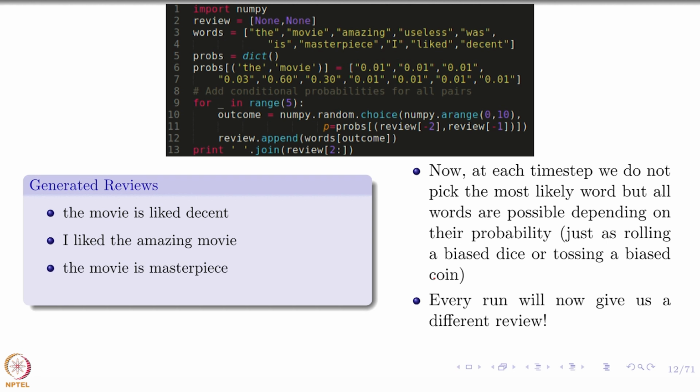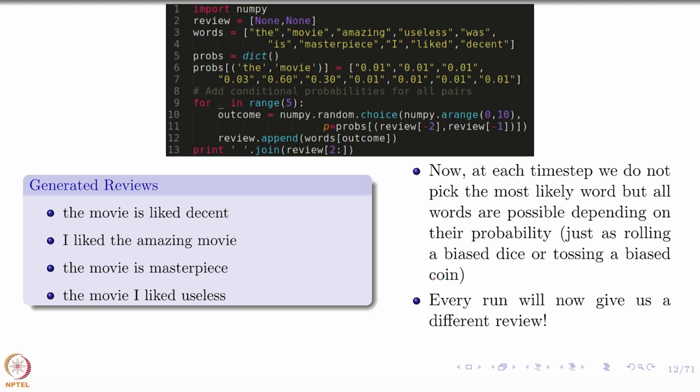It's possible that you picked the least likely word at that point just out of luck. You roll the dice and that's the word which showed up. There is a probability of even the least likely word showing up. That's why some of these reviews wouldn't make sense. But using this, you can generate reviews. So that's what I meant by classification and sampling.